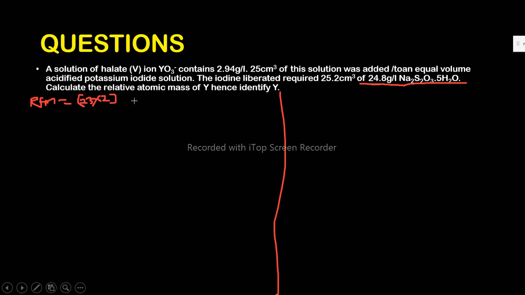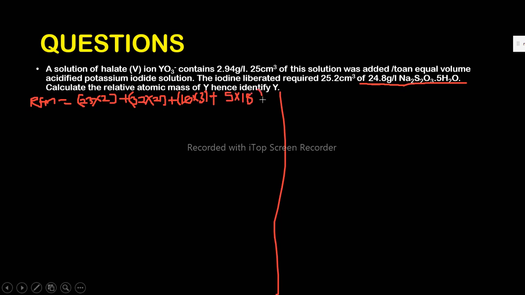Really, you can't reach senior 5 when you don't know how to calculate the RFM. Then plus 32, the RAM of sulfur, times 2. You close brackets. Then plus 16 times 3, which is 48, the RAM of oxygen, and then plus 5 times 18, the RAM of water.